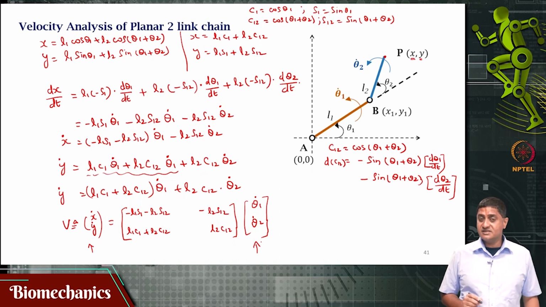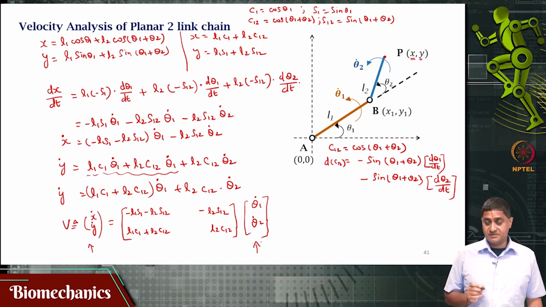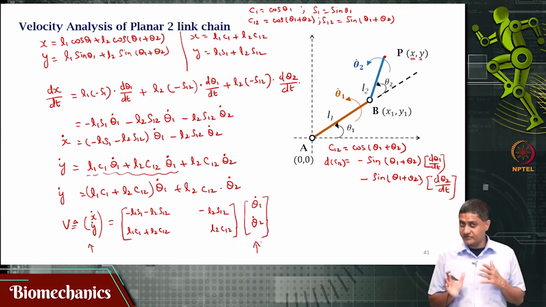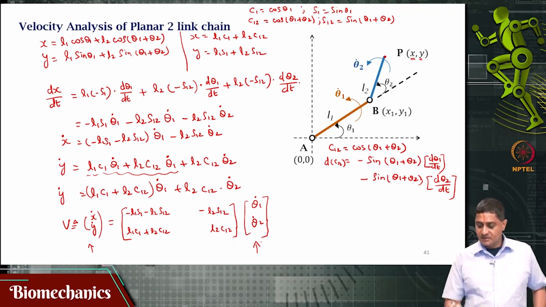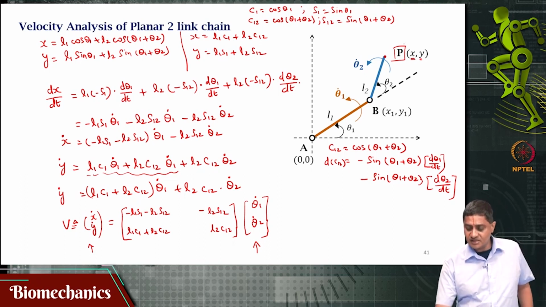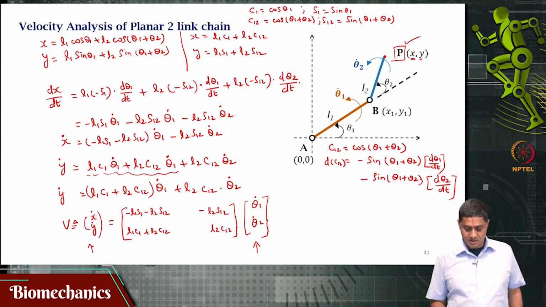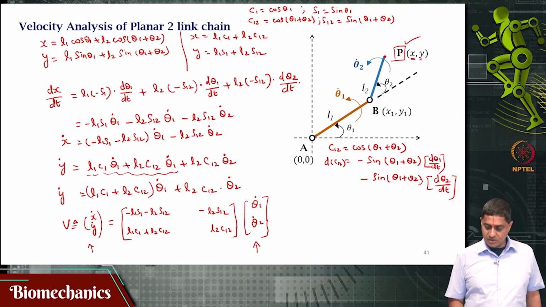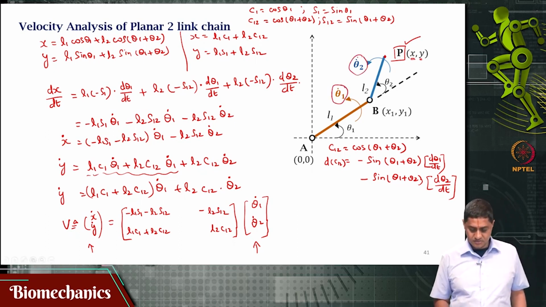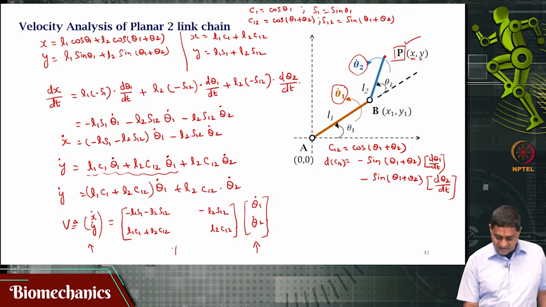This is the joint angle velocity or angular velocity of the joints, of the individual joints. Remember, these are two different things, right. One is this point velocity, linear velocity of that point P, whereas theta 1 dot, theta 2 dot are these two quantities.